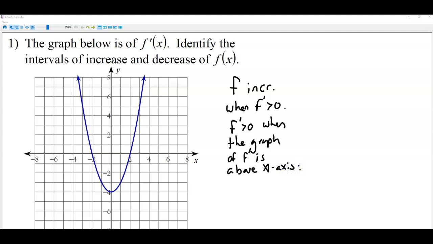And in this case, this is the graph of f prime, and it's above the x-axis on these intervals here, which are negative infinity to negative 2 and 2 to infinity.